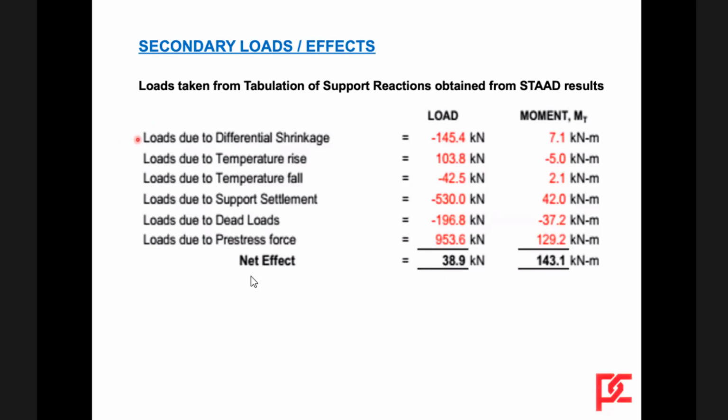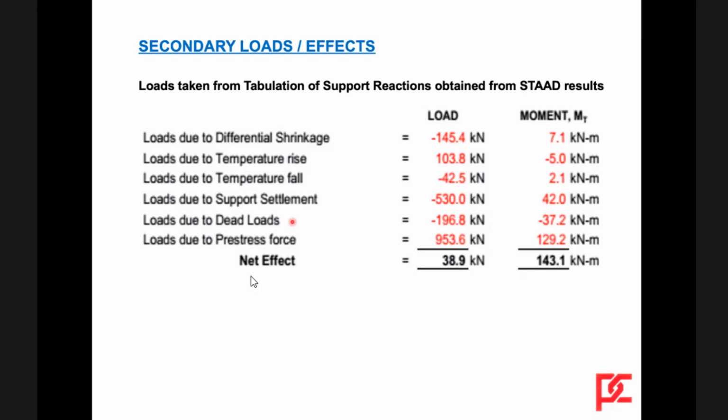There are vertical loads due to differential shrinkage, which are calculated, and the effect of temperature rise on the substructure loads is calculated. Temperature fall also gives this kind of loads. And support settlement: since we are going for open foundations, we have designed for support settlement also.